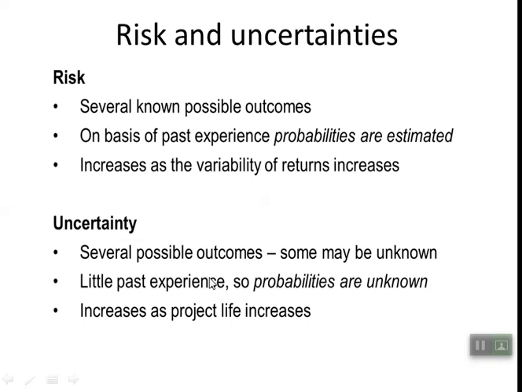But if you have an outcome, but you cannot compute the probability of that outcome occurring, then in that case it is uncertainty. So in uncertainty, we cannot compute the probability of the outcome, but in risk, you can estimate the probability of that outcome.